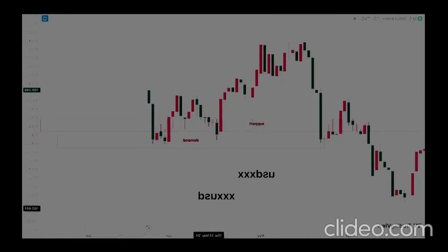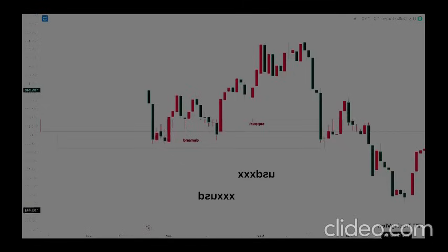So if this is USD and DXY is moving upward, then that pair will go downward.